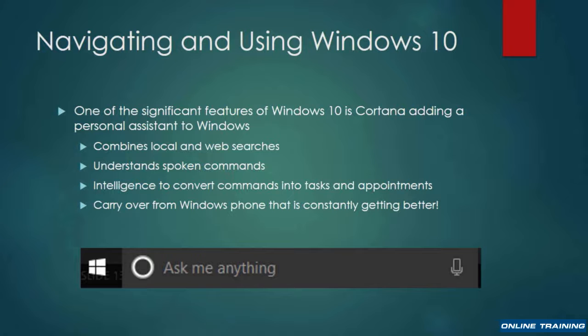If you have a microphone on your machine, or of course you would have a microphone if you had a phone or a tablet, then you can do speech-to-text searches. It has the intelligence to convert commands into tasks and appointments. Again, to actually demo it, you'd have to be able to speak to the thing, but if you said something like, set me up an appointment for next Saturday at 2 p.m., then what you would have Cortana do for you is open up the calendar app.